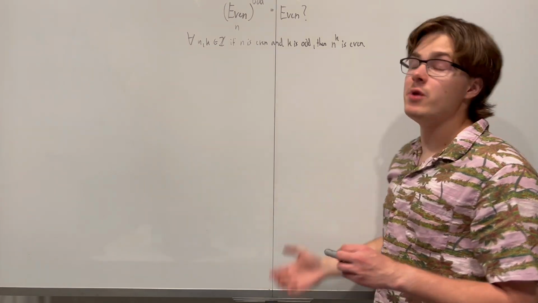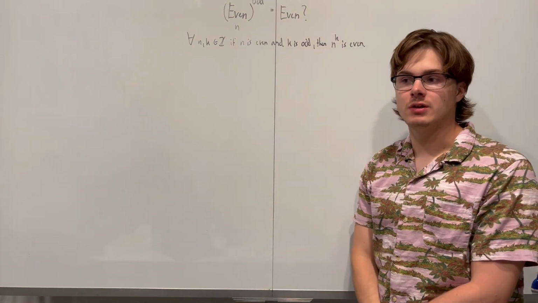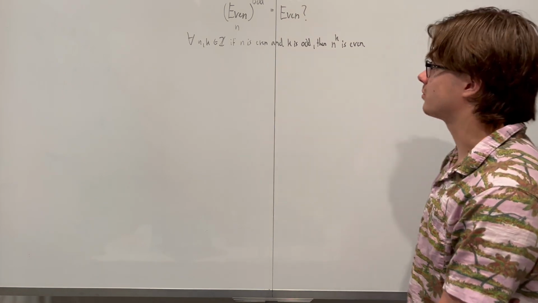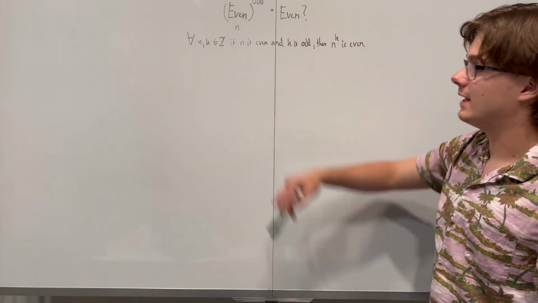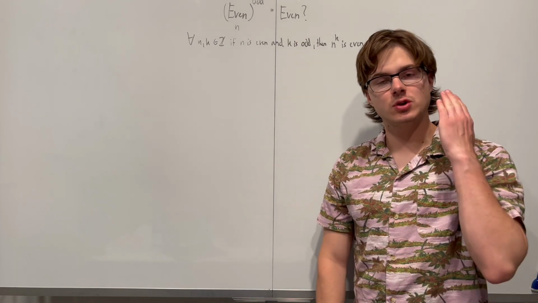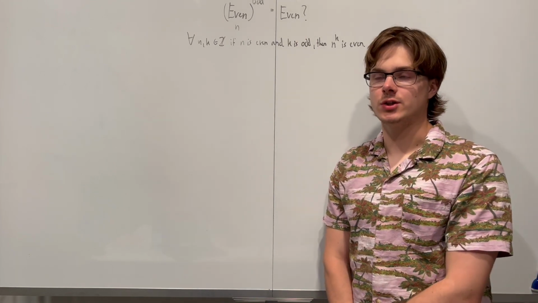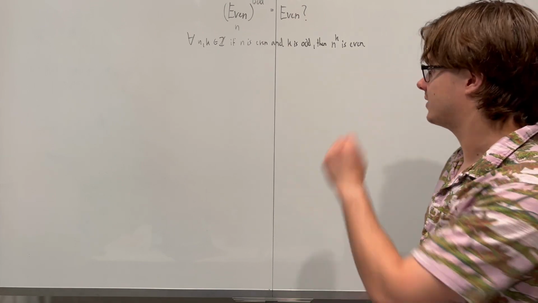Fantastic. I'm not going to go over the definitions of even and odd. I've made plenty of simpler proof videos where I write those definitions out, so I'm just going to assume you already know those definitions. If you don't, you should check out those previous videos.